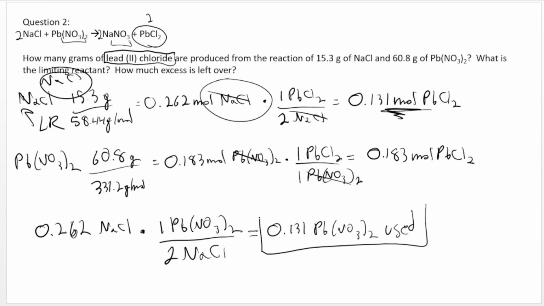So in this case, the 0.131 moles of lead-2 nitrate is used in the reaction. Now, the question is, how much did we start out with? We start out with 0.183.